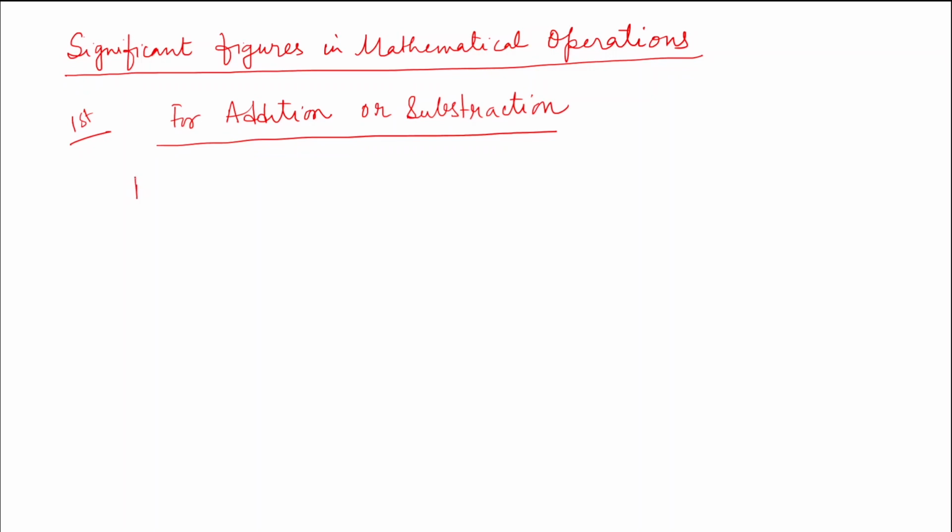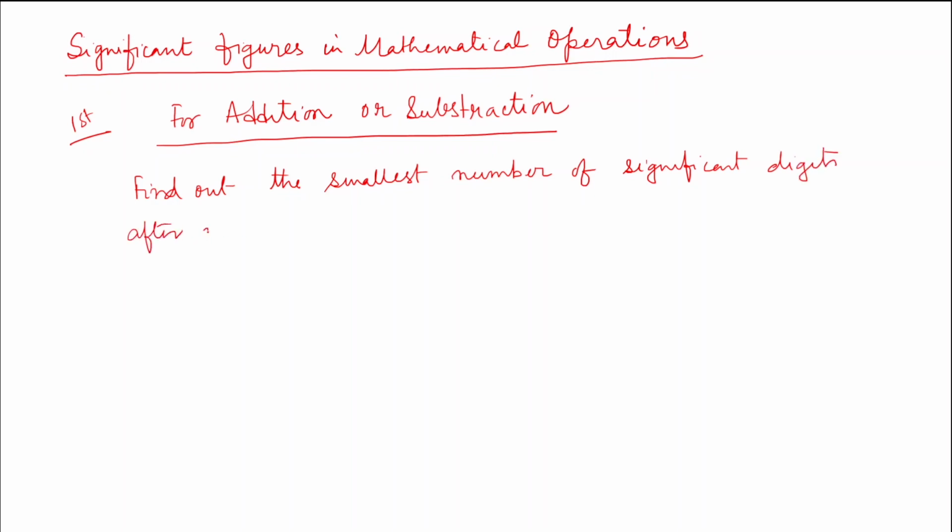So our first question is, what should be the number of significant digits in the answer? जो result है उसमें कितना significant digit रहेगा after addition or subtraction. Okay, solution क्या है, we have to find out the smallest number of significant digits after decimal. Listen carefully.